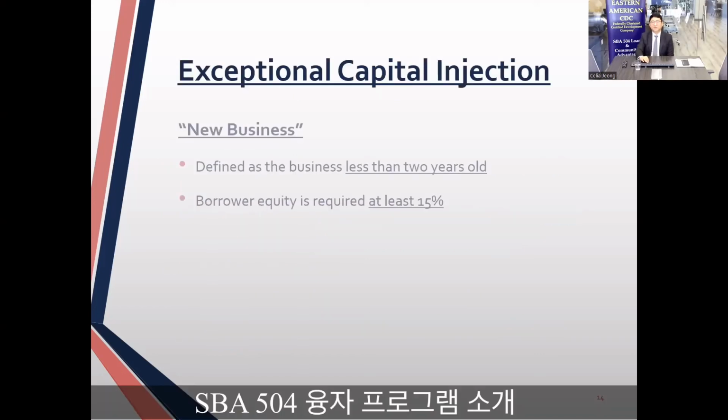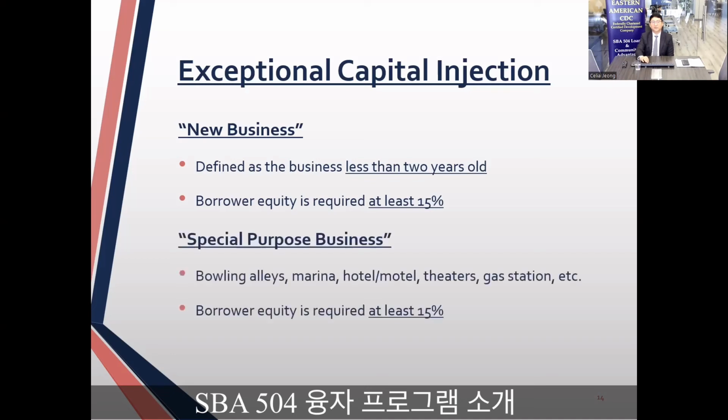There's an exceptional capital injection. When the business is less than 2 years old, we call it a new business, so we ask for 5% more down payment. So we require at least 15% down payment. And there's special purpose businesses like a bowling alley or marina, hotel, motel, theater, or gas station.